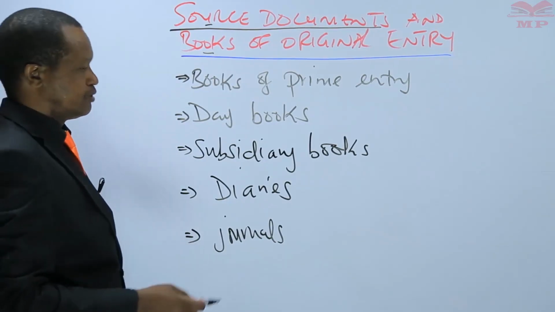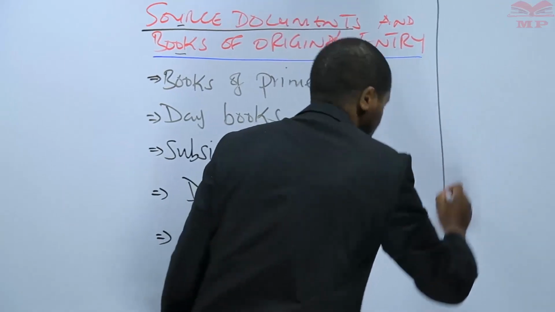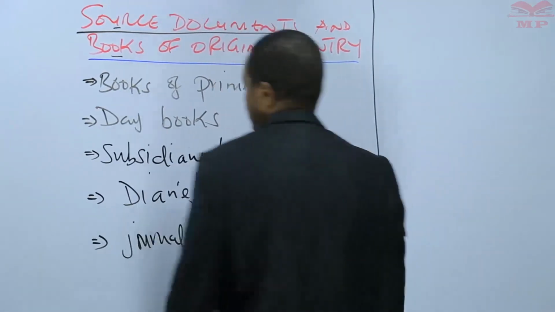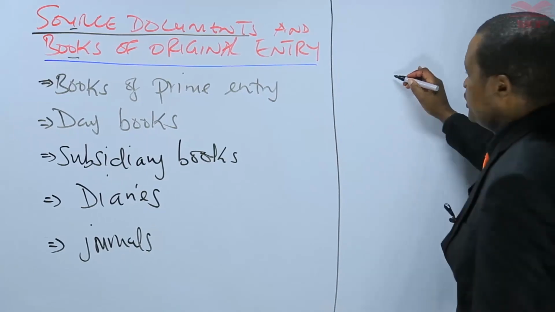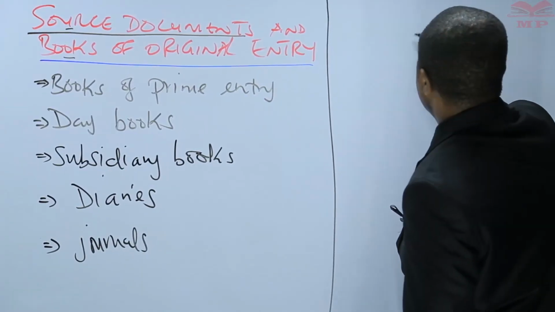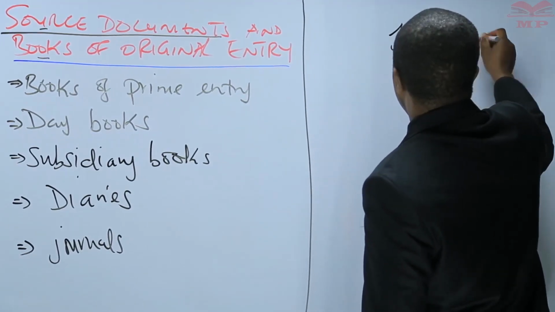Now I'm going to give examples of books of original entry, which in most cases are called journals.